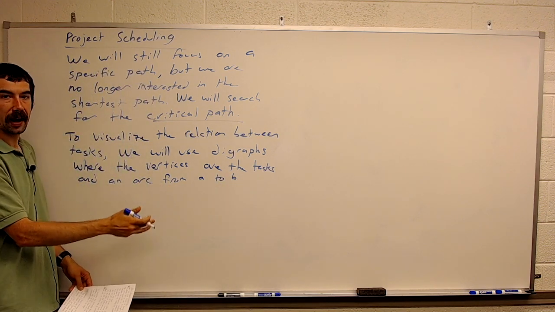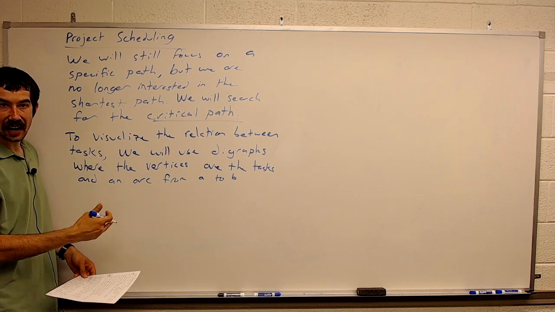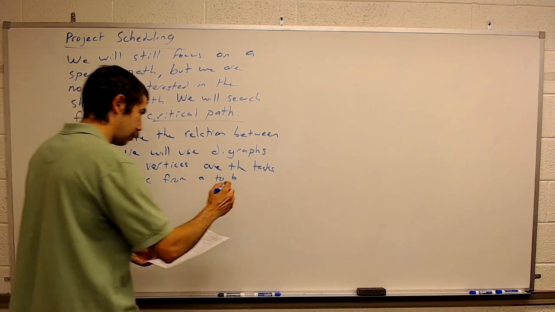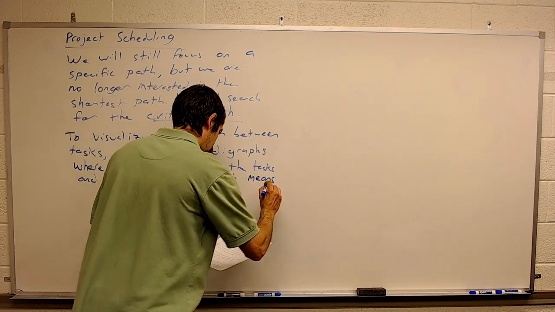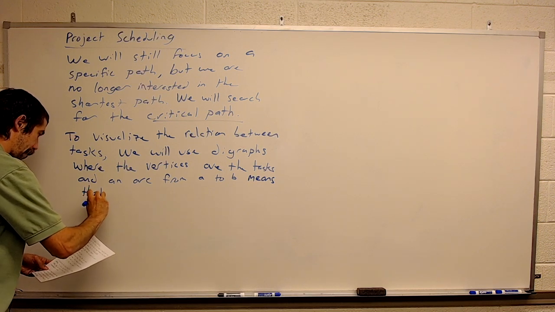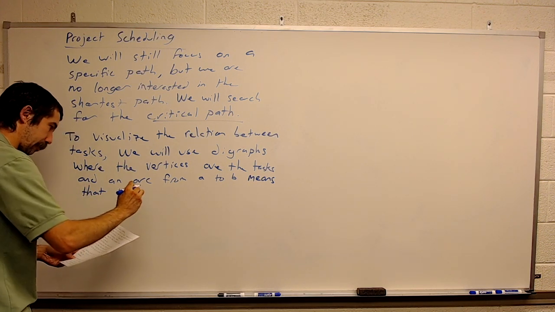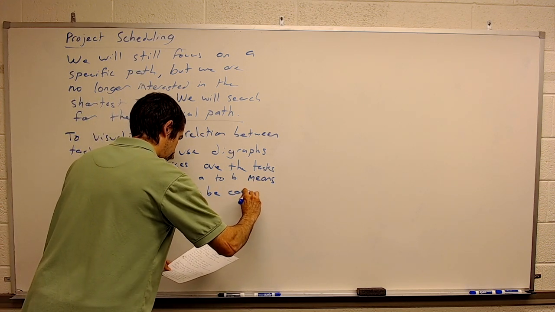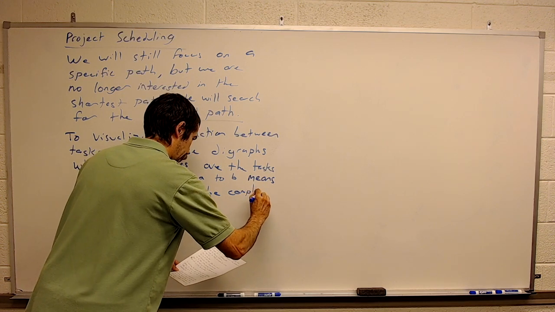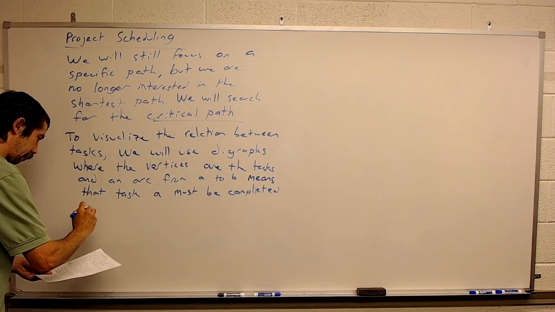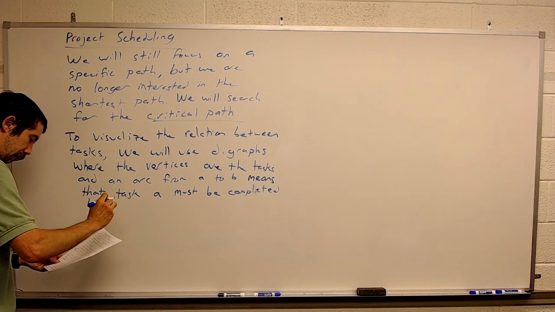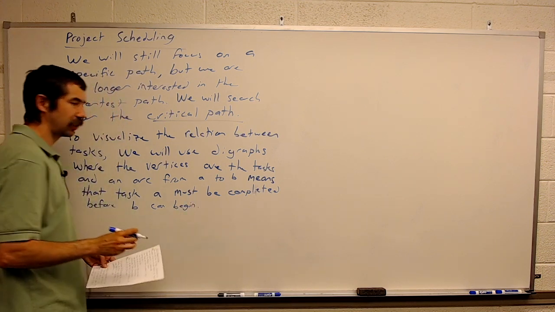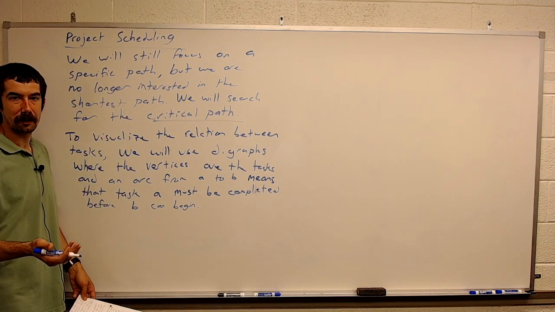And an arc from A to B means that task A must be completed before task B. And it's not just that task A has to be completed before task B is completed.